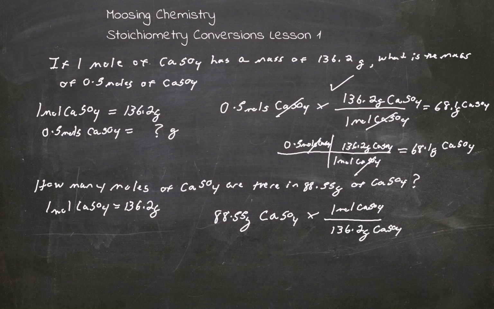In this case, that number is going to go on the bottom. So this cancels, and this gives us approximately 0.6501 moles of CaSO4. And it's just that easy.